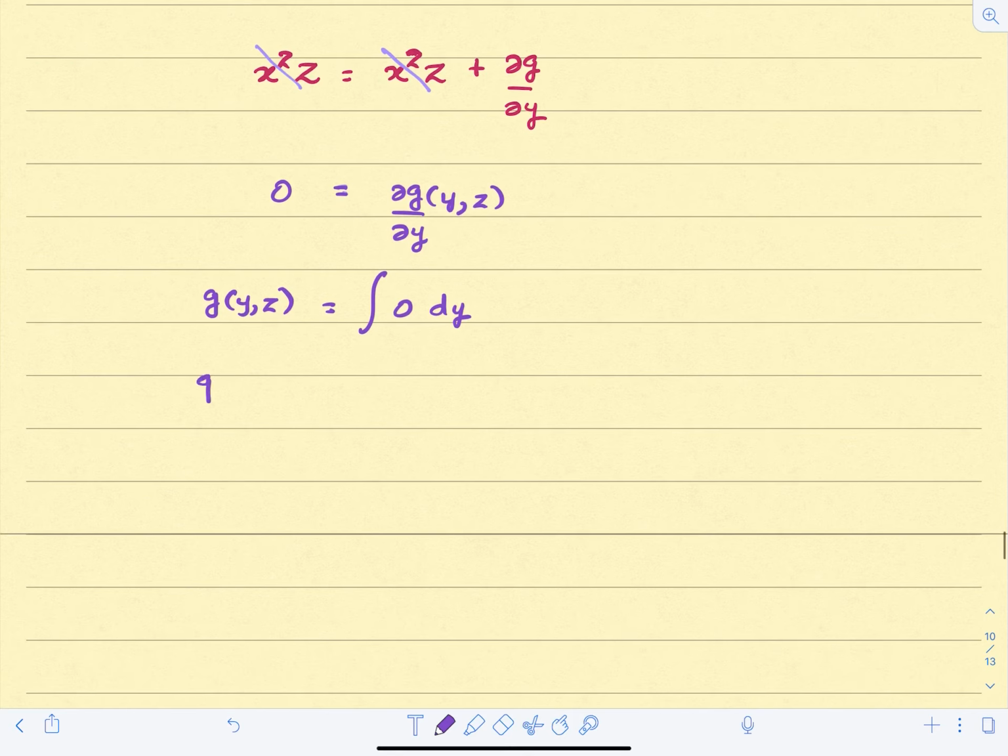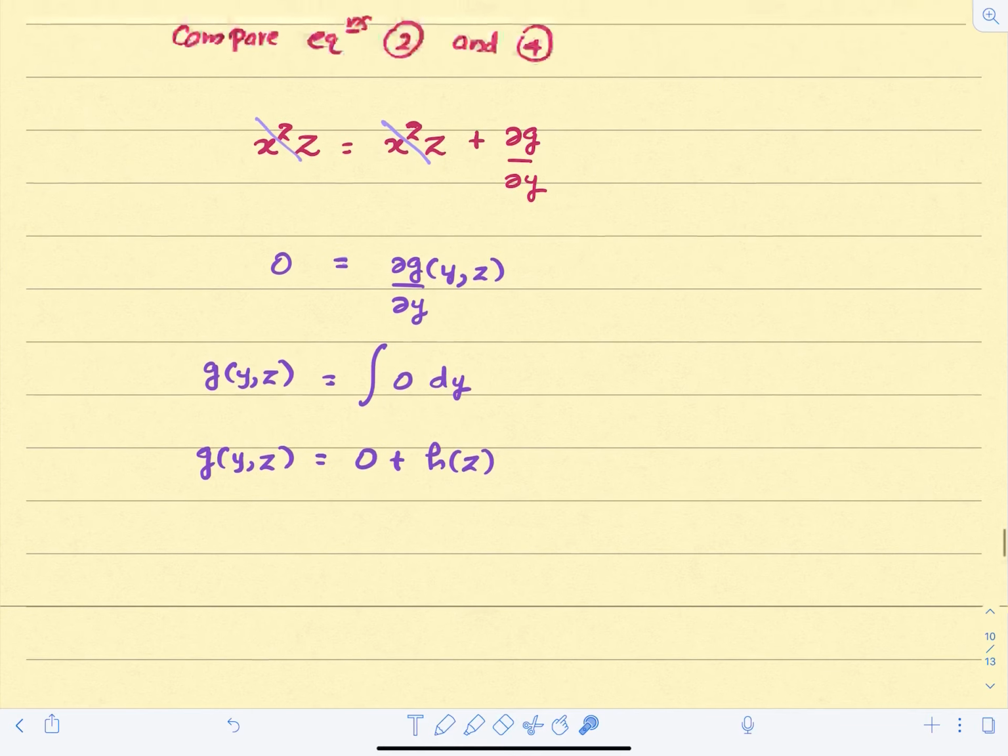This equals the integral of 0, which is 0, plus, but in general we can have a function of the c variable only. Because if we have a function that only depends on the c variable, its derivative with respect to the y variable is 0. So you will get this equation.